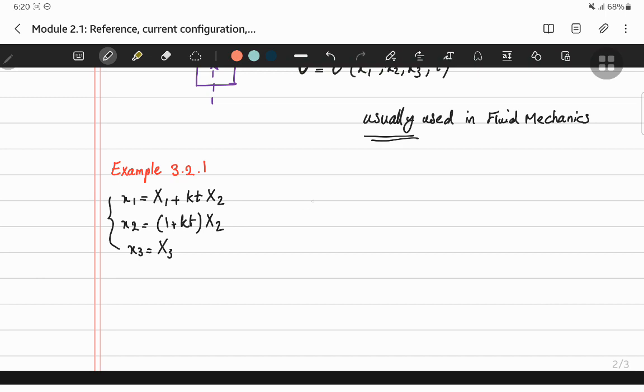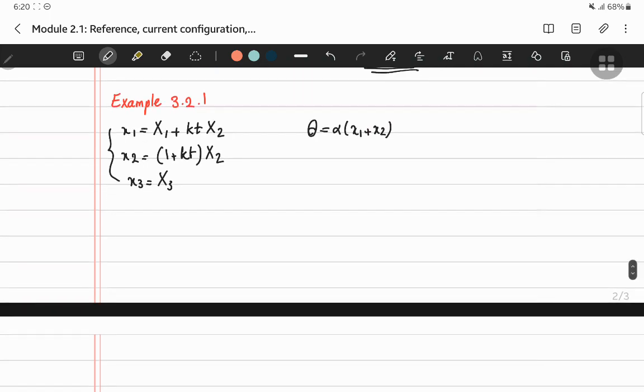And if you have a temperature theta equal to alpha x1 plus x2, then, okay, A. Find the material description of the temperature.